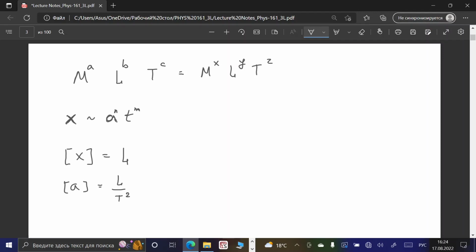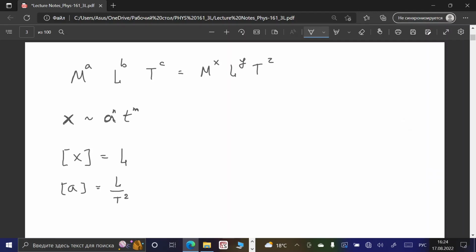Let us make it more clear. If we first consider speed, we will introduce all these parameters in detail in the future, but for dimensional analysis, let us consider speed first. Speed is the distance traveled by the object divided by the interval of time.